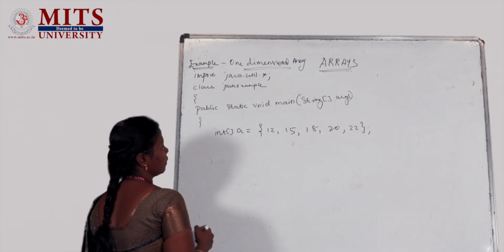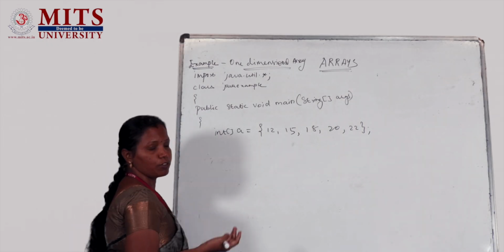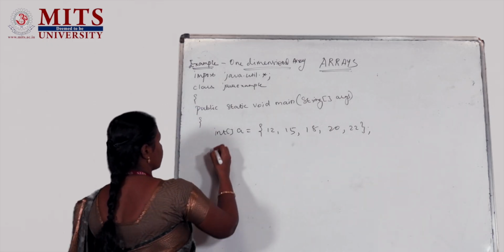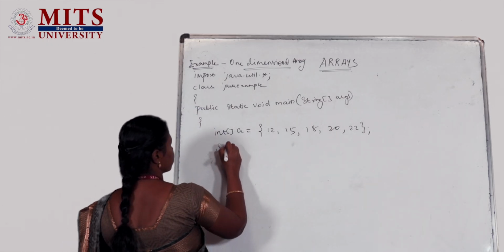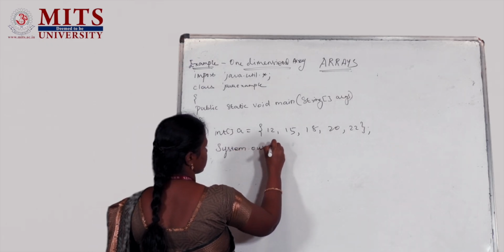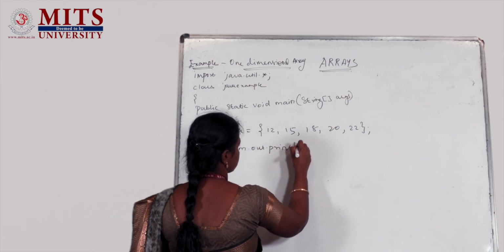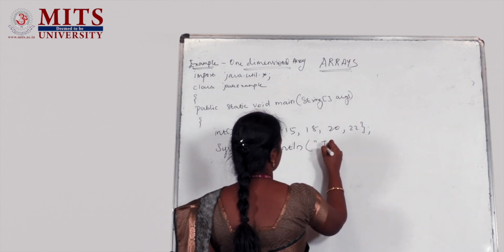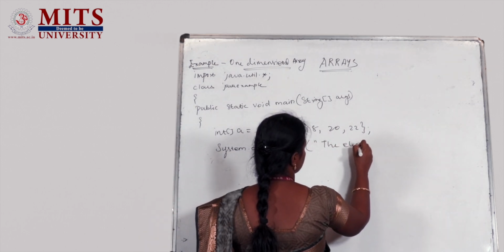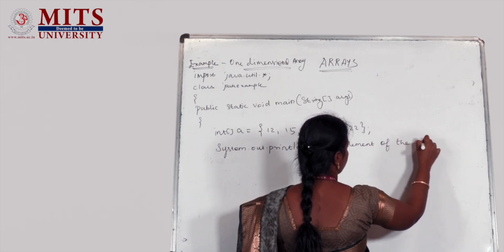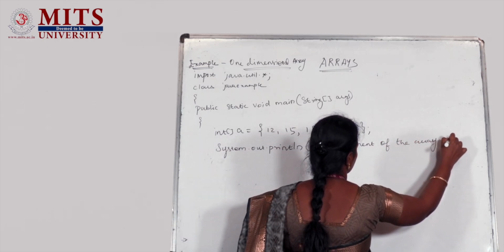So I have created one array. If you want to print this array, instead of using the for loop, we can also make use of the for each loop. So I'll try to print it using the for each loop. System.out.println, the elements of the array are.